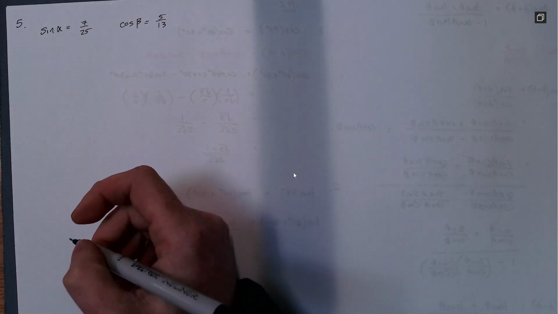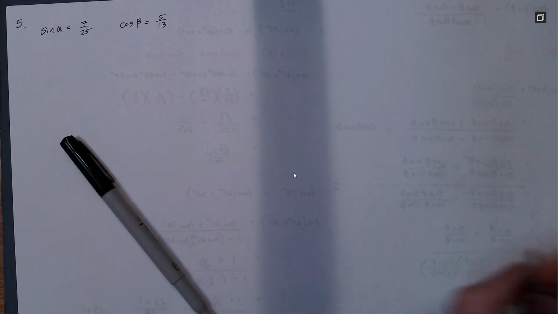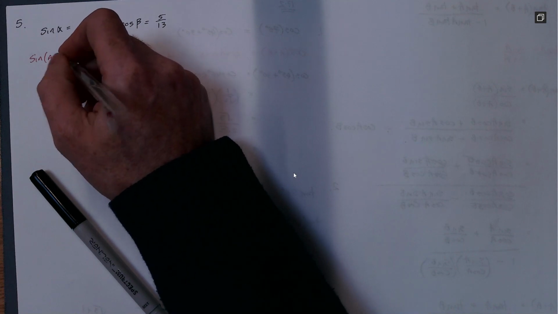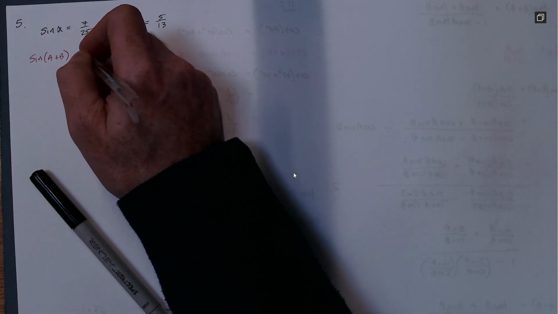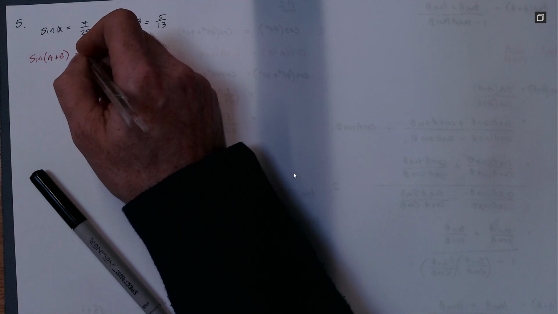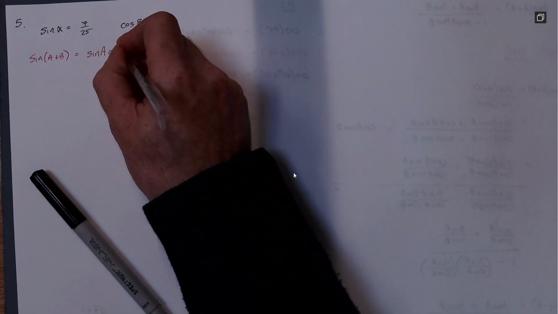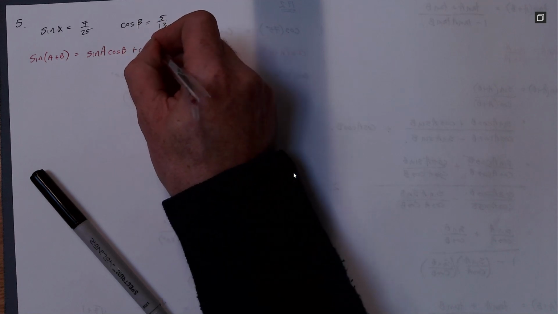Recall your formula: sine of A plus B equals sine A cos B plus cos A sine B.